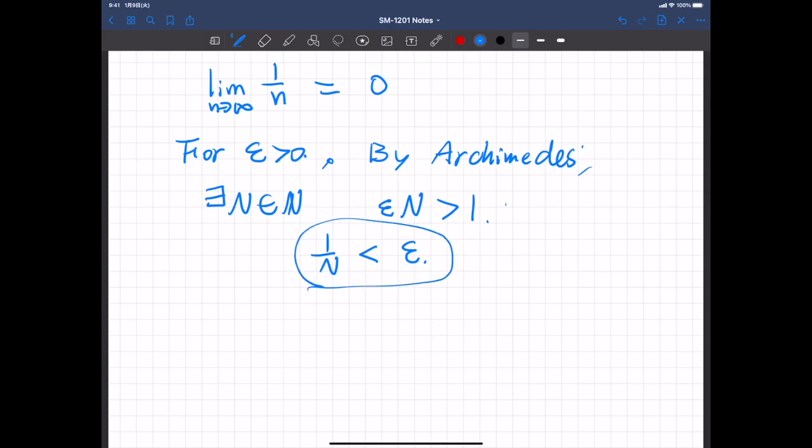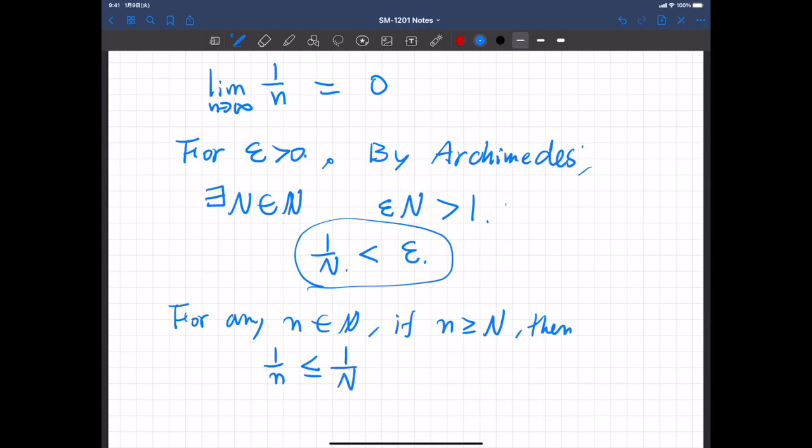So for any natural number n, if this n is greater than or equal to this capital N, then 1 over lowercase n is less than or equal to 1 over capital N, which is less than epsilon.